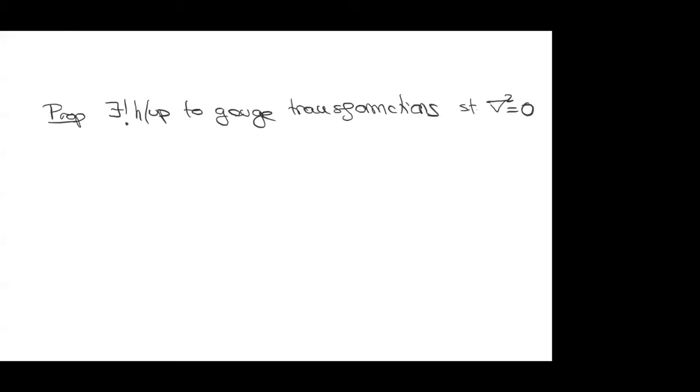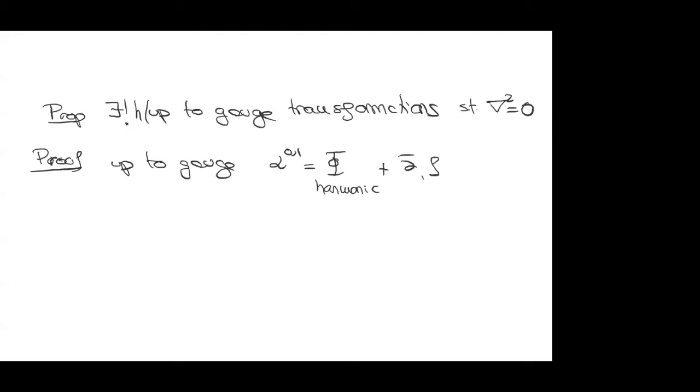So the proof is very easy in this case, because up to gauge, one can assume that the form is harmonic. So we have some harmonic plus anti-holomorphic, so this is some function f.